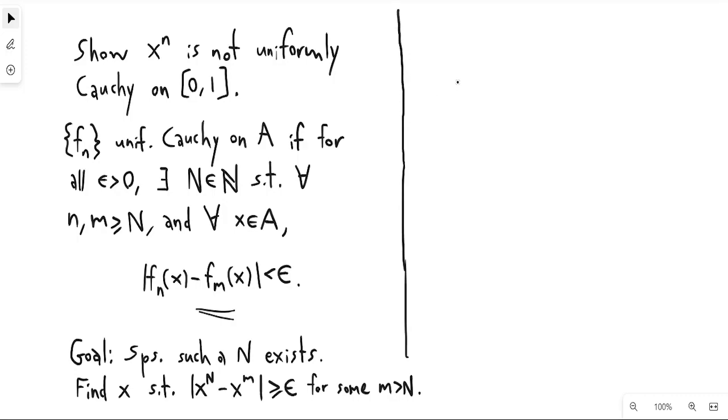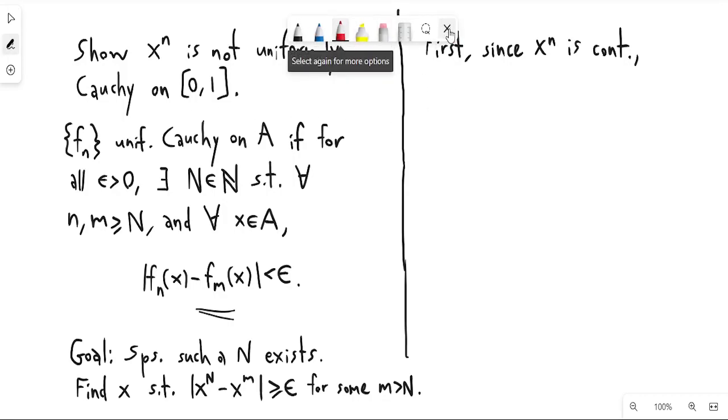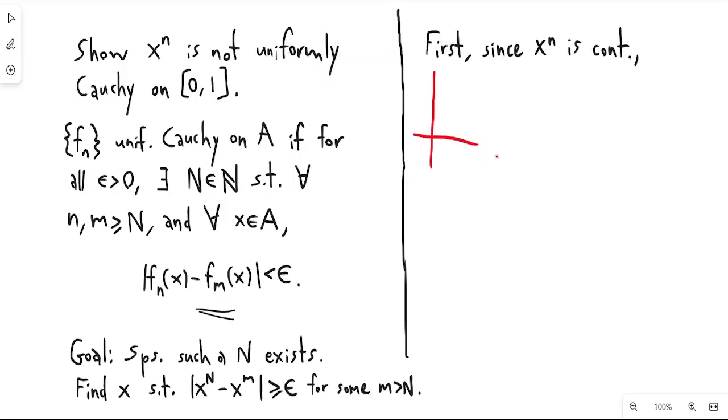Okay, so how do we do this? So first, we're going to note that since x to the n is a continuous function, basically, draw a little picture here. What the x to the n's kind of look like is something like that, right, on 0 to 1. Okay.